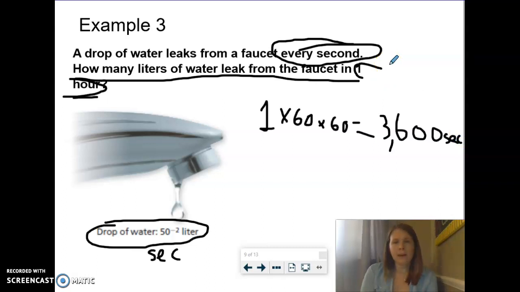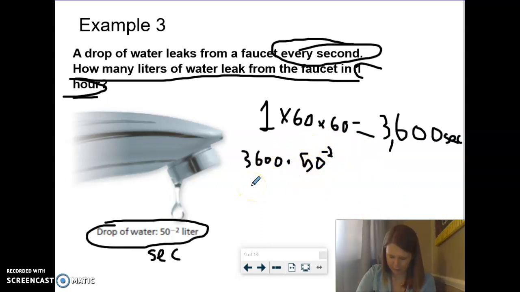From there, then, I'm going to use the measurement they gave me, which is this 50 to the negative 2. So I'm going to take that 3,600 and multiply it by 50 to the negative 2. We don't ever like negative exponents, so I'm going to move this to the bottom of my fraction.